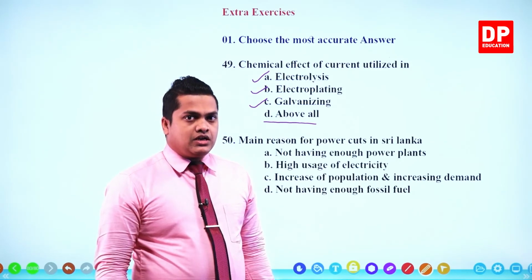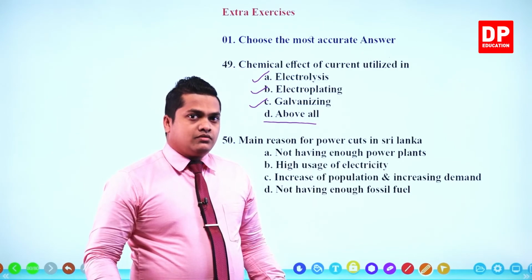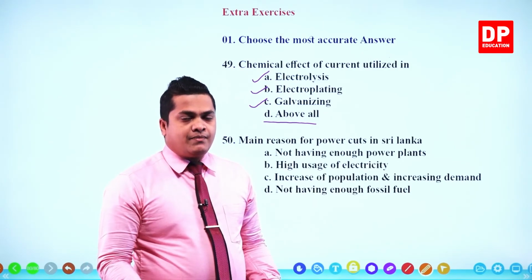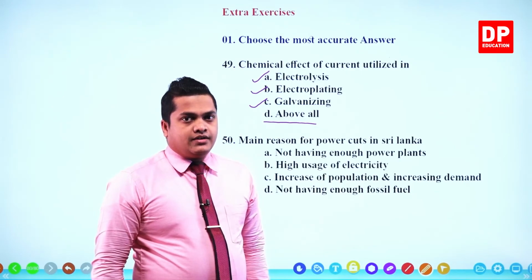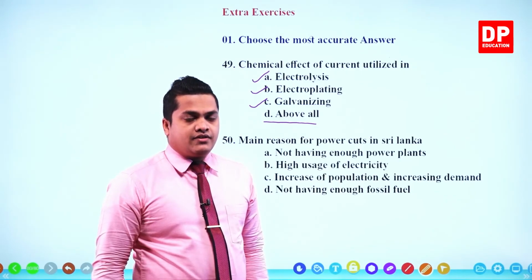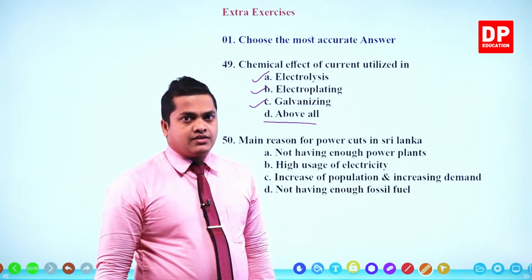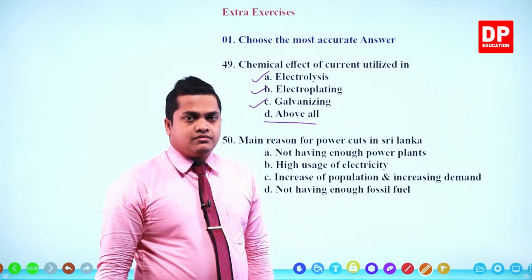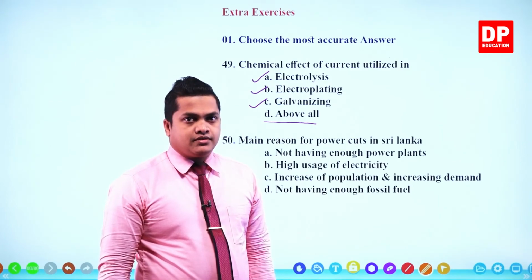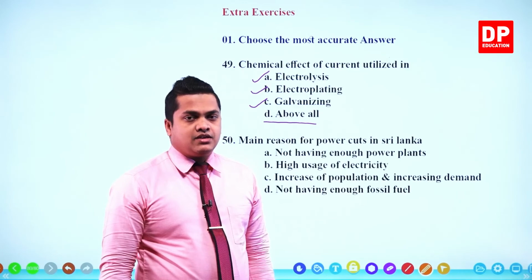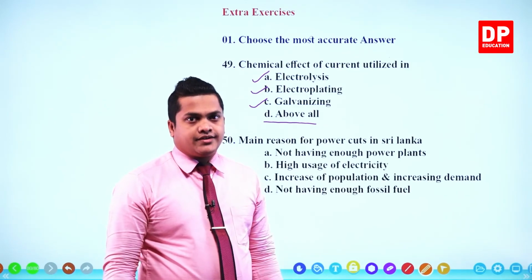Actually, in Sri Lanka, the power plants are not enough to generate the electricity needed for the people. Right? The electricity needed for the people is not getting generated from the power plants. So that is true. It's correct.